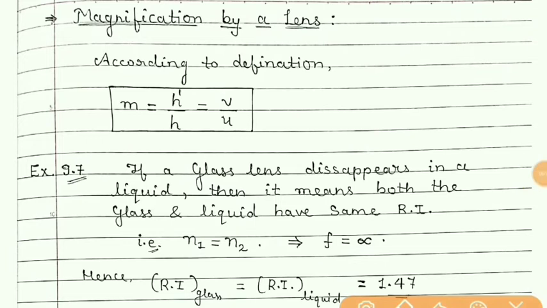So students, remember that for a mirror, magnification is minus v by u, and for a lens, magnification is v by u.